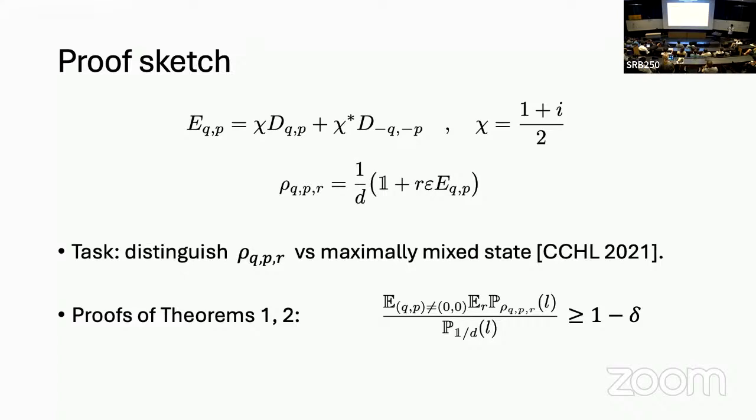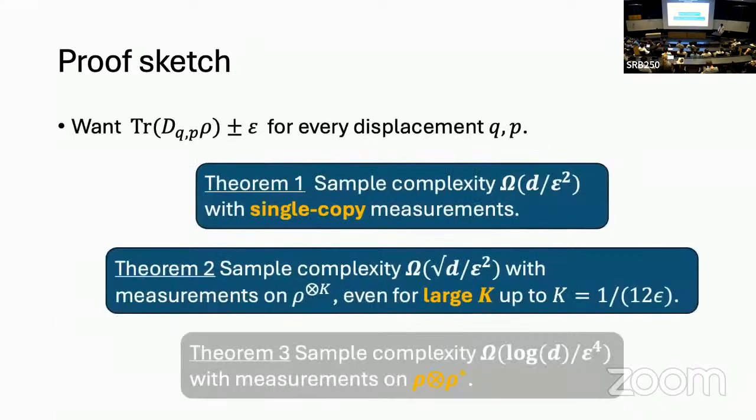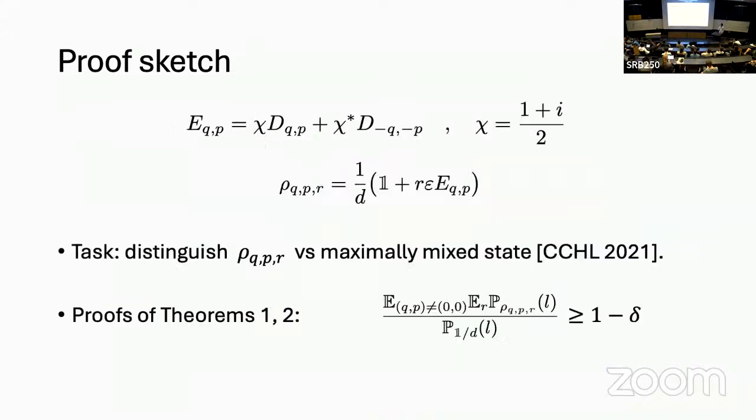But it turns out that this distinguishing task is impossible using the restricted kinds of measurements that we saw in the previous theorems. You can show that even if I apply any combination of these measurements, remember they were single copy measurements or measurements on rho without the complex conjugate.